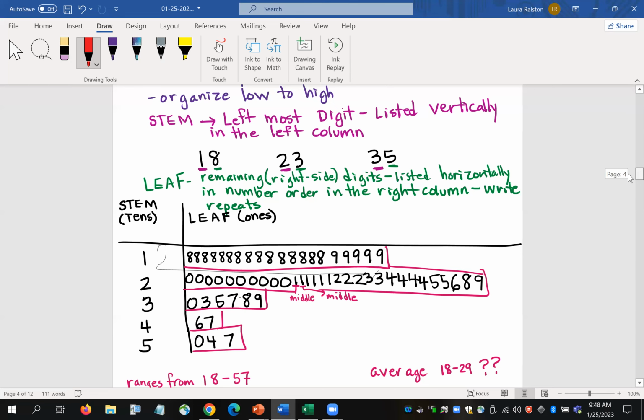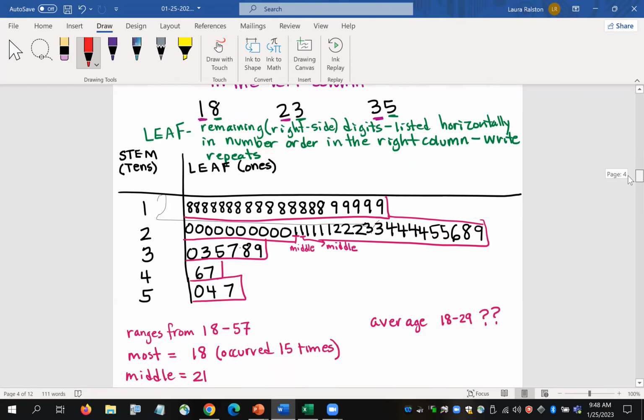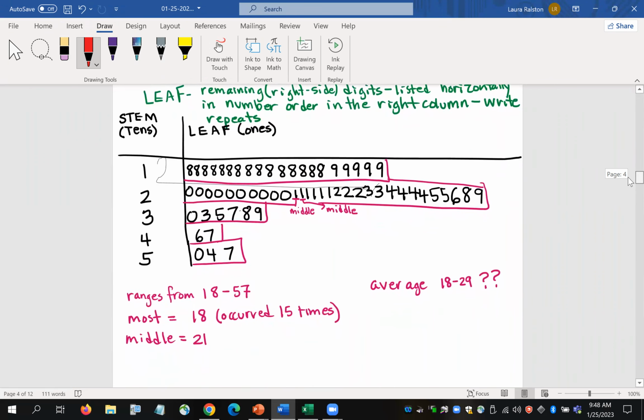The stem and leaf is a little bit better maybe than the histogram we talked about, because I could again determine my definite lowest value, my definite highest value. We could see which data value occurs the most. We were able to find the one that was in the middle. And again, we could estimate that we think the average is somewhere between 18 and 29.